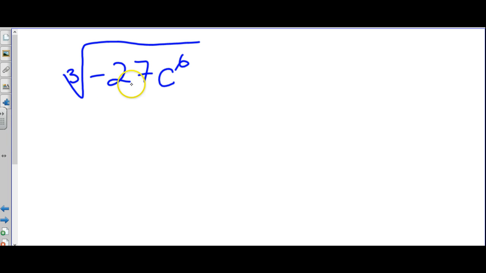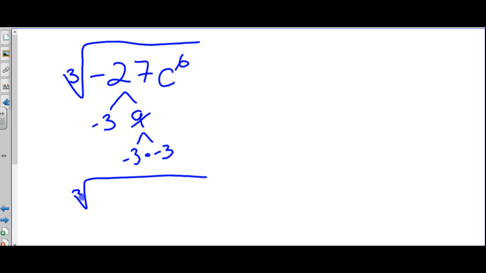So cube root, we would want to be looking for groups of 3 after we did what's called a factor tree. So negative 27 I know divides by negative 3 times positive 9 makes negative 27. Then we would break down positive 9. Now because we already had a negative 3, we're going to do negative 3 times negative 3 makes a positive 9.